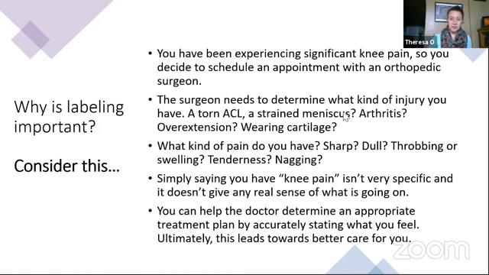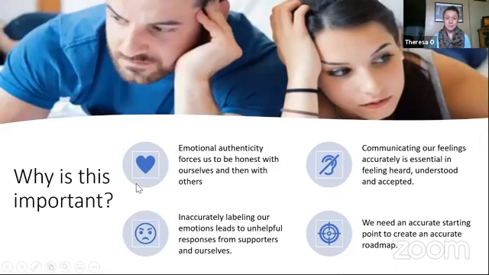Same thing happens on the emotional side. If we can better identify where we're starting and we can better identify what's really going on, it gives us a better roadmap to make plans, to communicate, to work with maybe a therapist, or just give yourself some better roadmaps for success in the future, or at least to be able to cope better than what you may be doing.